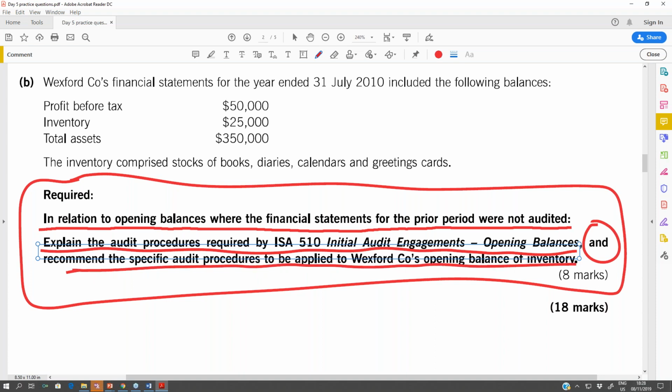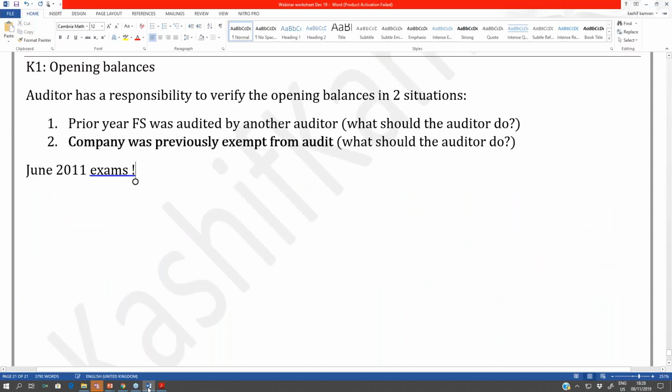And we have 8 marks. First, the examiner is asking for general procedures on opening balances, which are given in ISA 510. And then the examiner is asking for very specific procedures on opening balances of inventory in the given situation. So we have 8 marks. So the question divides into two parts.